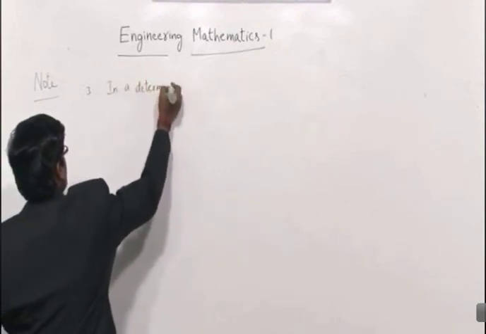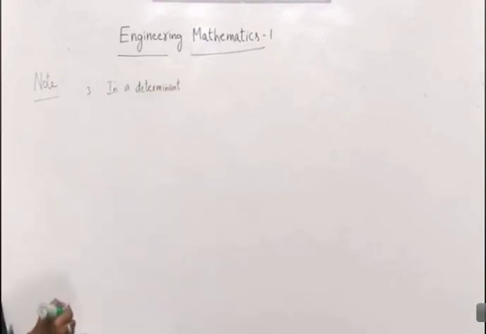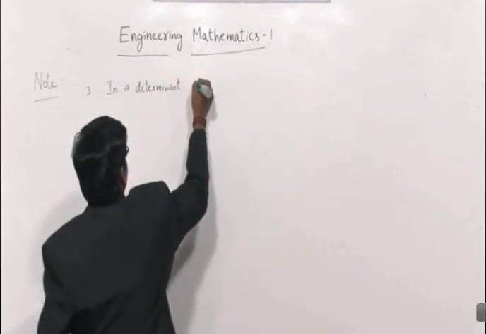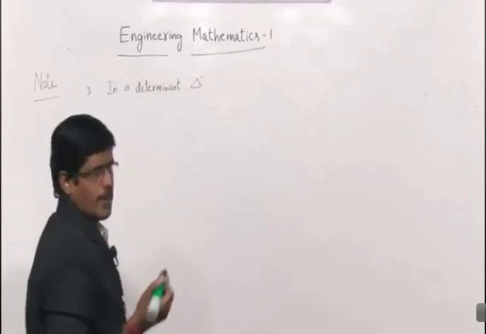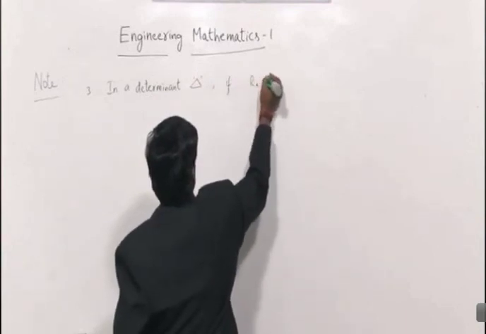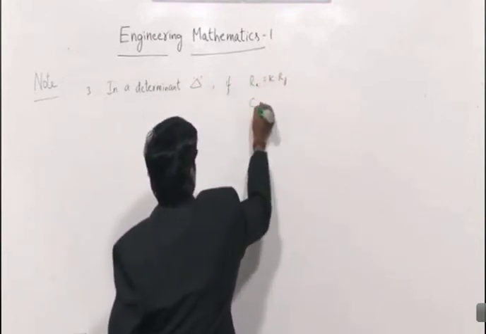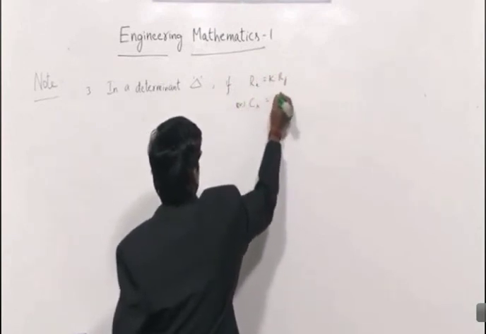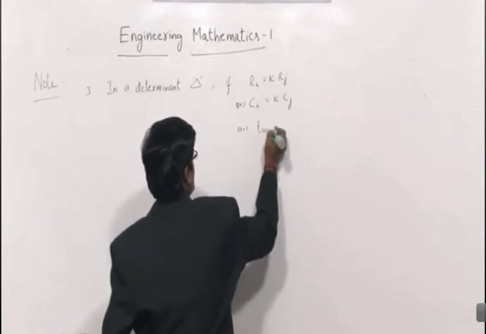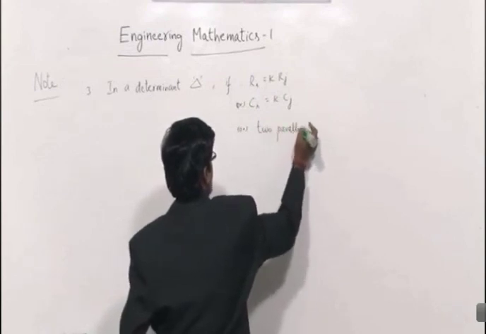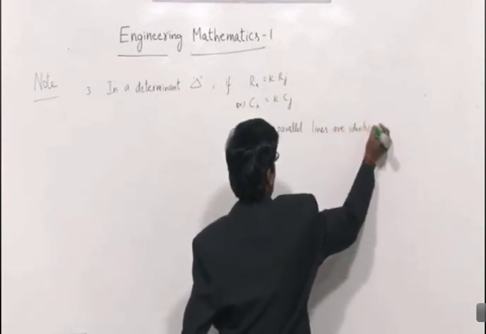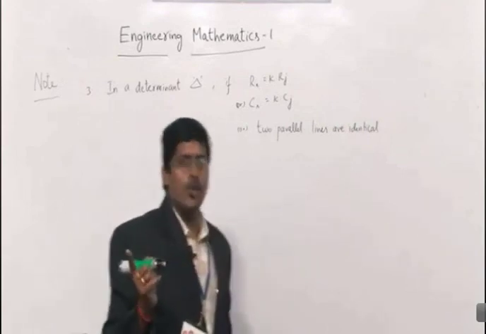In a determinant, say delta, that symbol is denoted by delta, generally determinant A, determinant B. If Ri is equal to K into Rj or Ci is equal to K into Cj, or two parallel lines are identical.